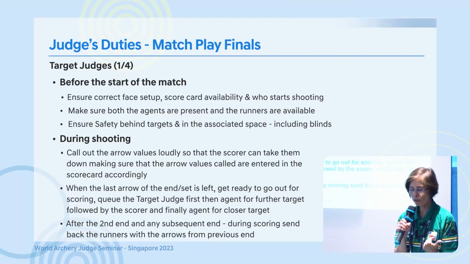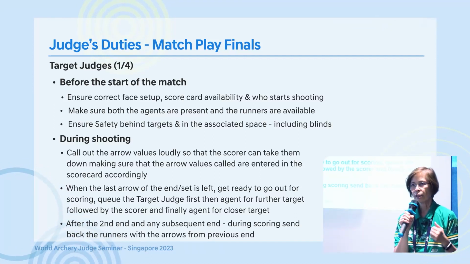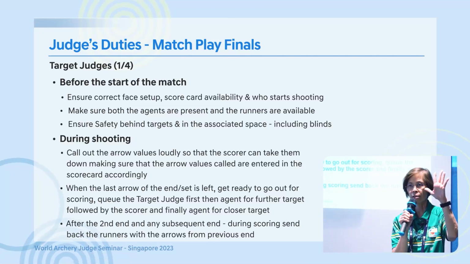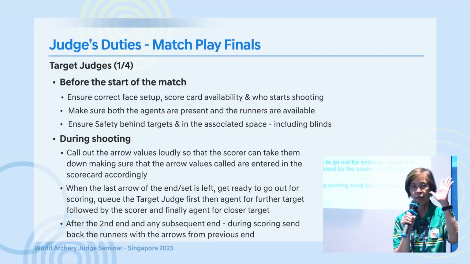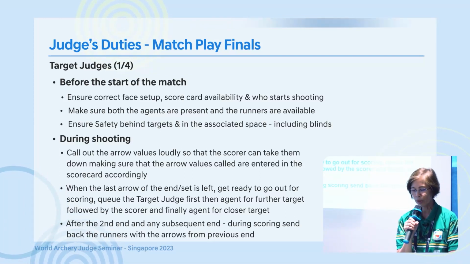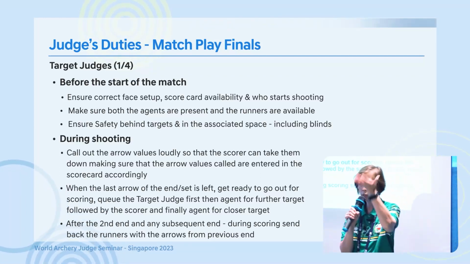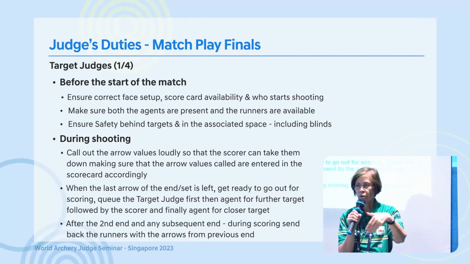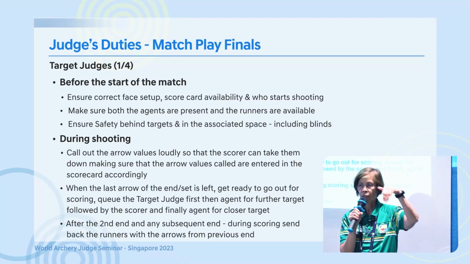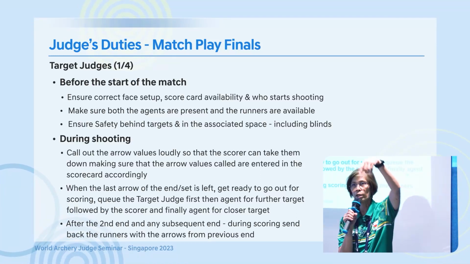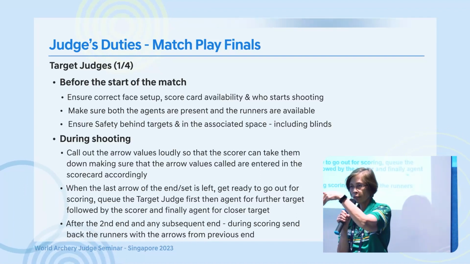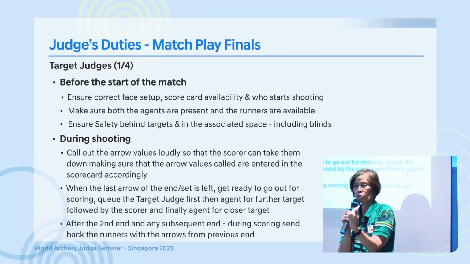When the last arrow of the end or set is left, this is normally the fifth arrow in the individual, then you get up, all of you, and the sequence there is the target judge first, the agent whose target is further away, and then you have the scorer, and then the agent who is nearer.